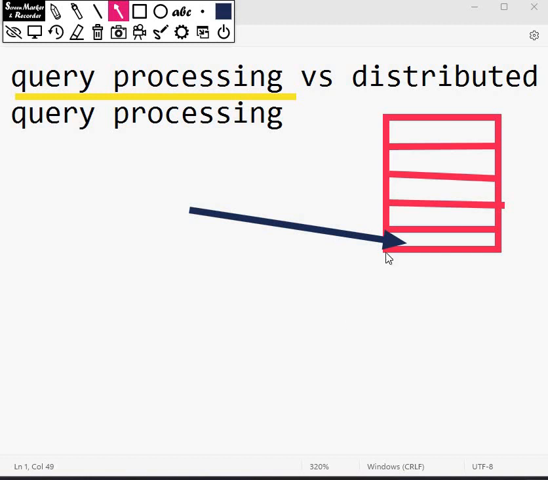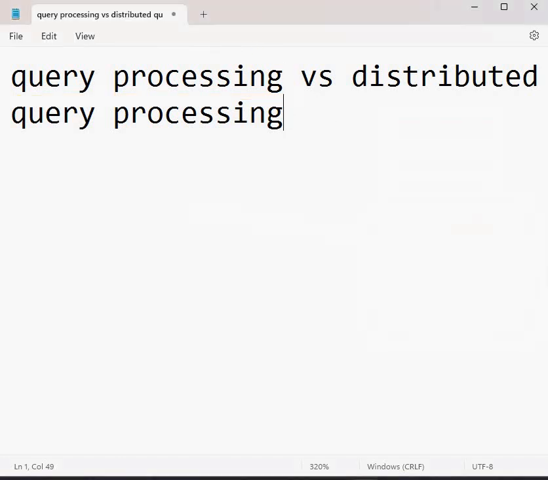Fine. And in this case, if I take the same example, the librarian is sort of your database management system. It processes your query by scanning through the data on a single server. So this library is a single server, and it will retrieve the necessary information and return the results to you. Fine. That's what query processing is.